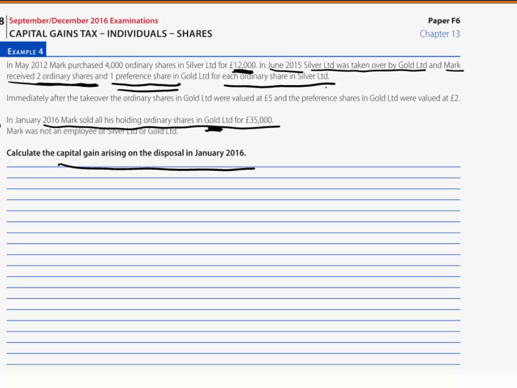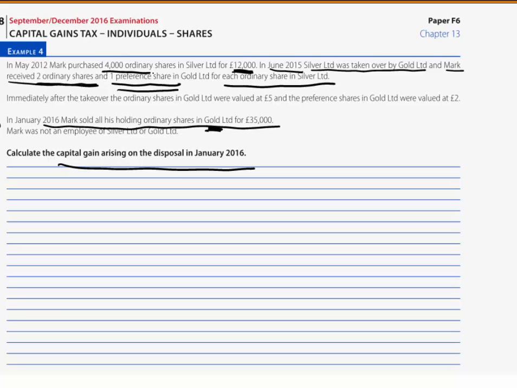So in relation to the 4,000 ordinary shares that Mark owned in Silver Limited, as a result of the takeover by Gold, Mark will receive 2 ordinary shares for each of the 4,000 ordinary shares held in Silver, and will also get 1 preference share in Gold.